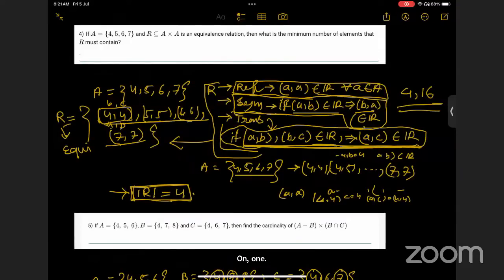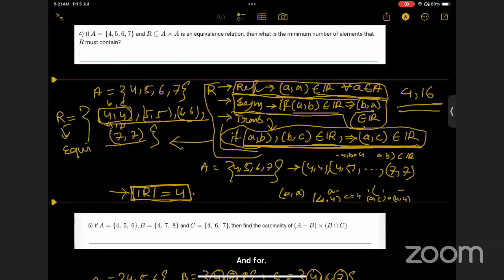they have said that R will be an equivalence relation, right? To be an equivalence, reflexivity is the minimum criteria. So if R is an equivalence, then R has to be reflexive, right? And if R is reflexive, then for every a in this set, the tuple (a, a) will be in the set R, right?